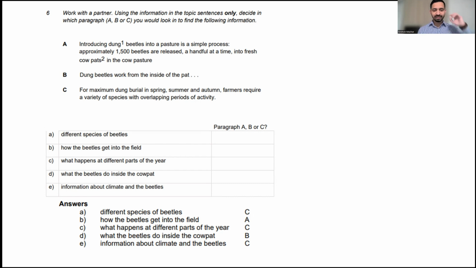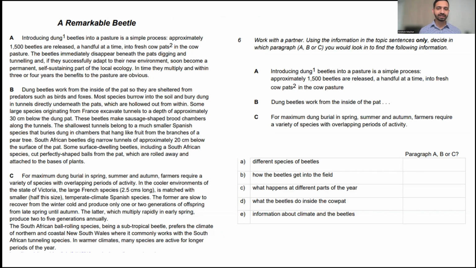So let's look at E, for example, information about climate and the beetles. Let's go to paragraph C and see if we can find that. For maximum dung burial in spring, summer, and autumn, farmers require a variety of species with overlapping periods of activity.